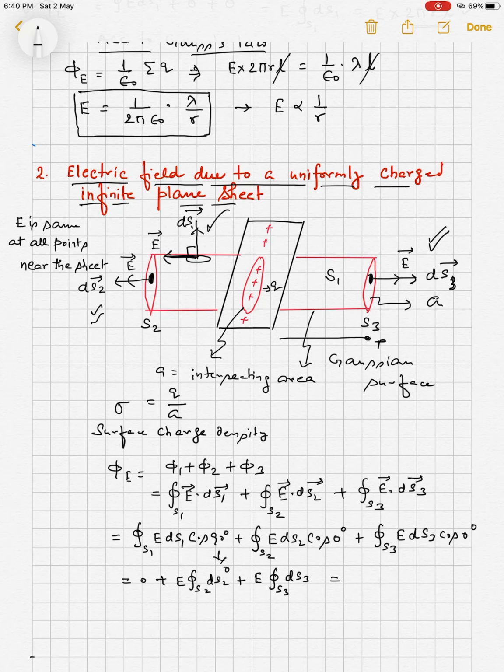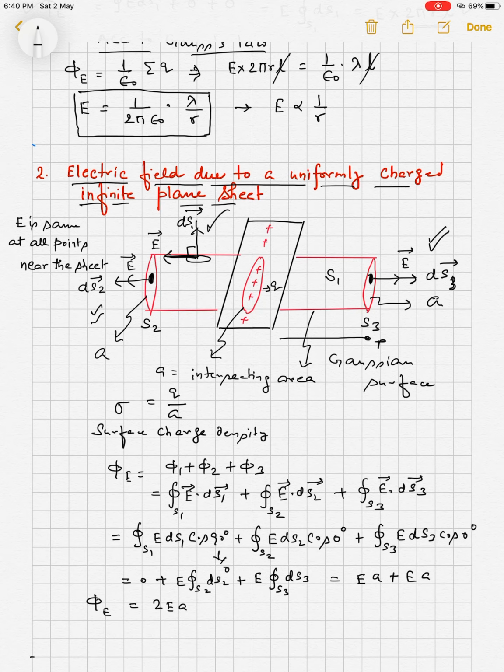So the first term is 0 and E times the integral of ds2 will be the area of the entire surface, that is equal to A. Again for S3 the area is A, so it is 2 times EA, and that is the total electric flux.